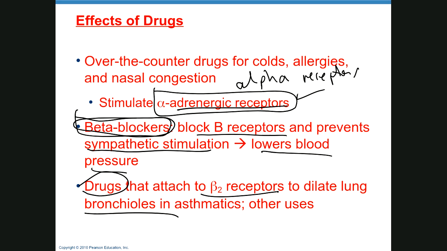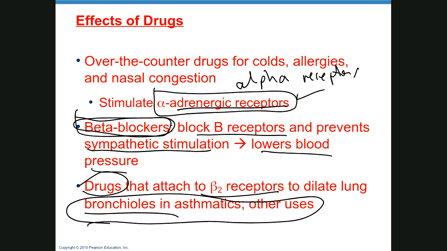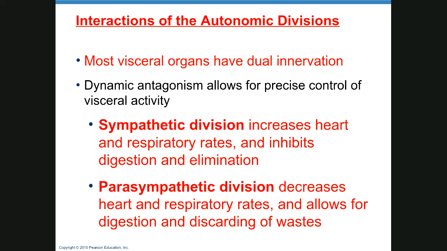And that makes sense because if you're going to be under stress and running, you want your respiratory pipes to be opened up in order to get as much air as possible. When you're relaxed and calm, they can close a little bit because you don't need as much oxygen. So sympathetic drugs are used during asthmatic attacks to open up the respiratory pipes. So this is a practical application of all of this knowledge.